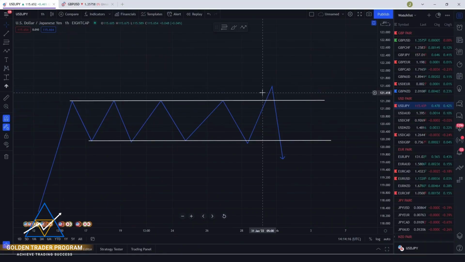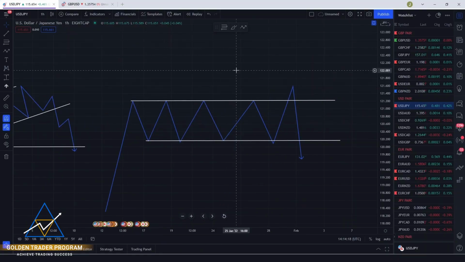These ones are great. One of my favorites is having these distribution or accumulation setups where you have these bigger ranges being formed, and you're having these continual touches on highs.